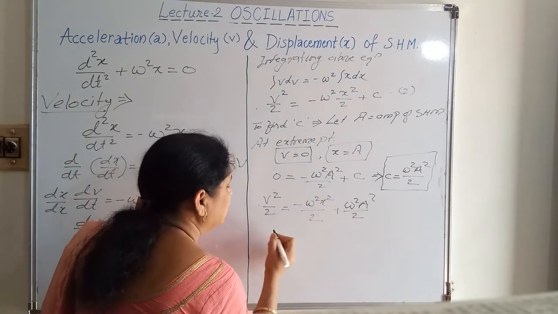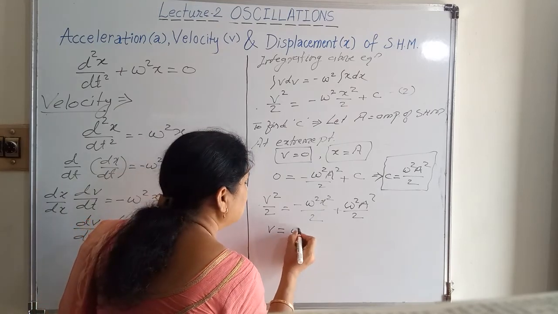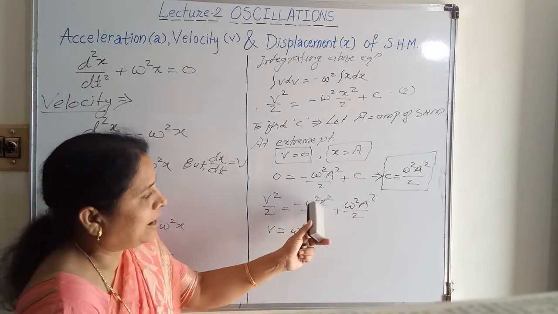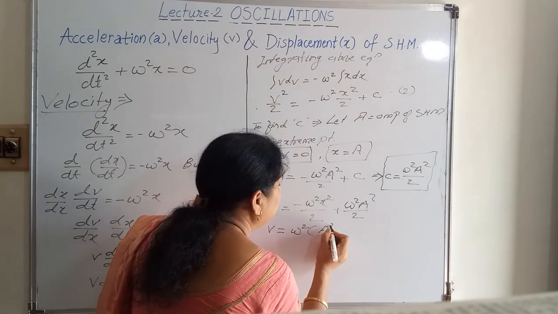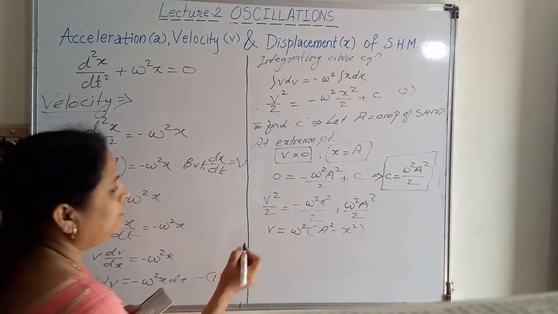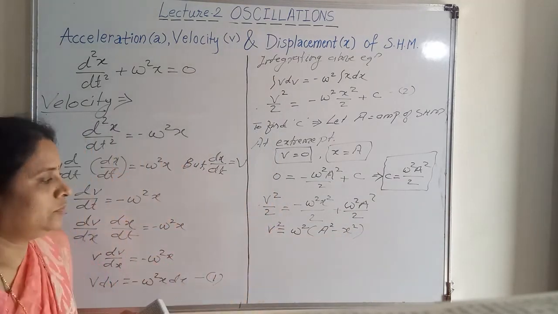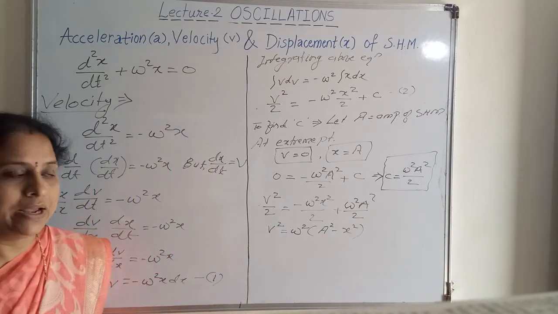Now 2 gets cancelled. We get here v square is equal to omega square, which is also common, and in the bracket minus x square plus a square, I can write it as a square minus x square. And here v square is equal to omega square into a square minus x square.